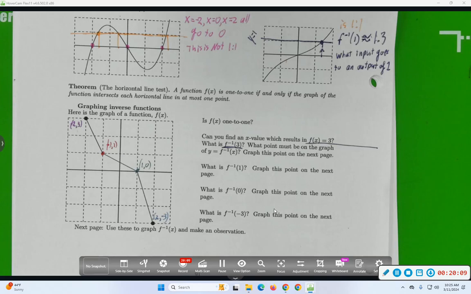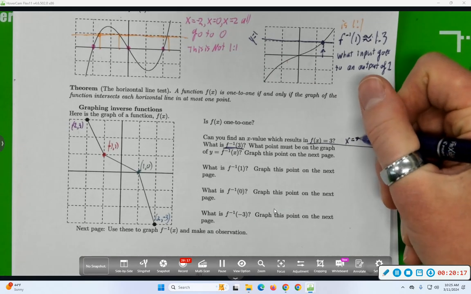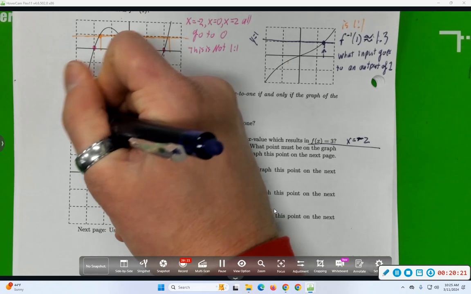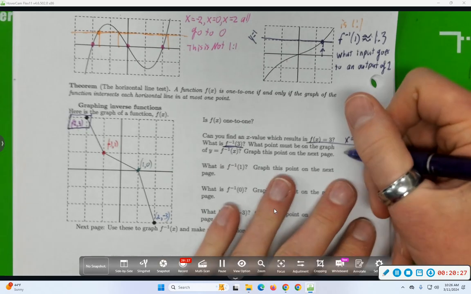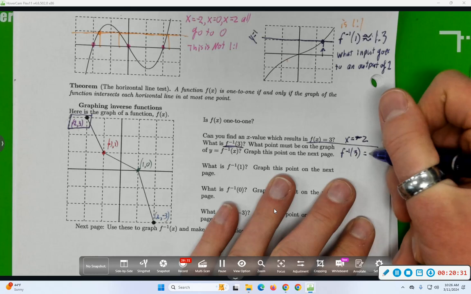I'm looking out at you and you whispered, so I didn't hear the negative. I'm not looking at the graph. Nice. So, x equals negative 2, coming from this point, I guess. So, that means f inverse of 3 is negative 2.